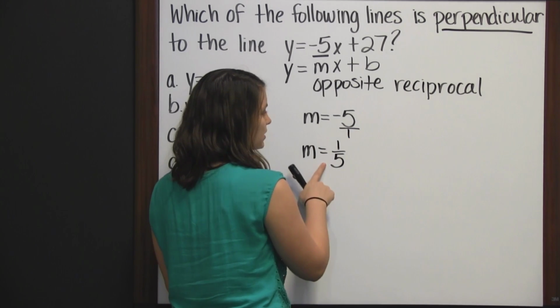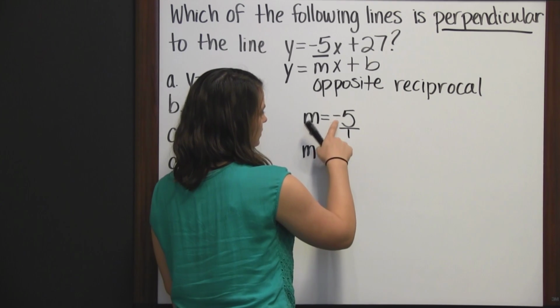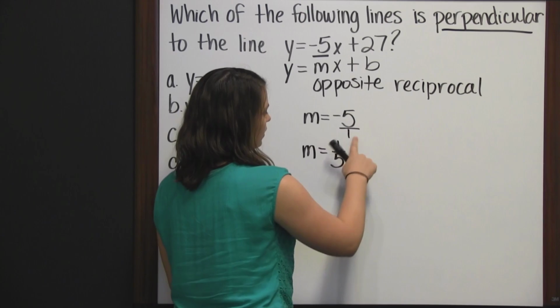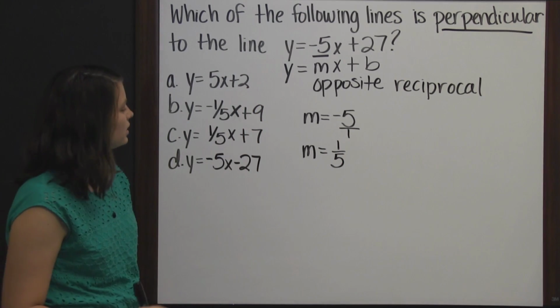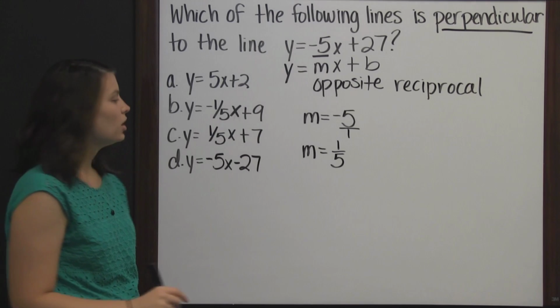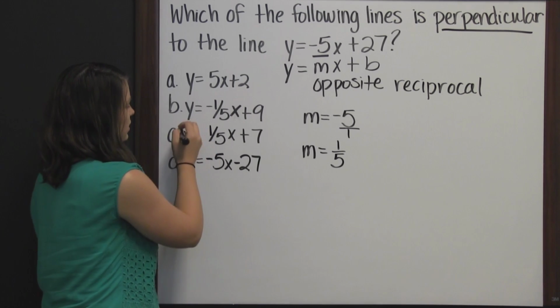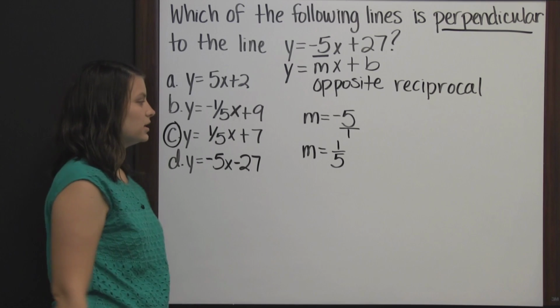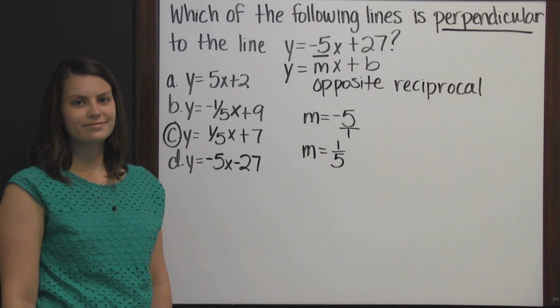And again, it's a positive 1/5 because it has to be the opposite. So -5/1, the opposite reciprocal is positive 1/5. Looking at the answer choices, the only line with a slope of positive 1/5 is answer choice C. So that's the line that's perpendicular to our original line.